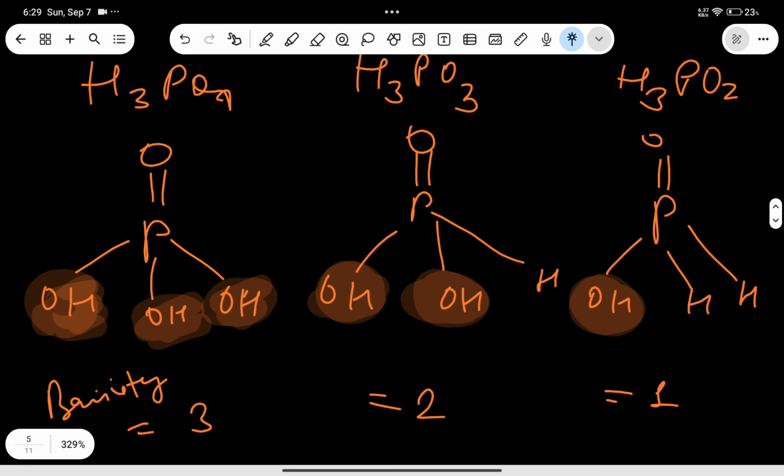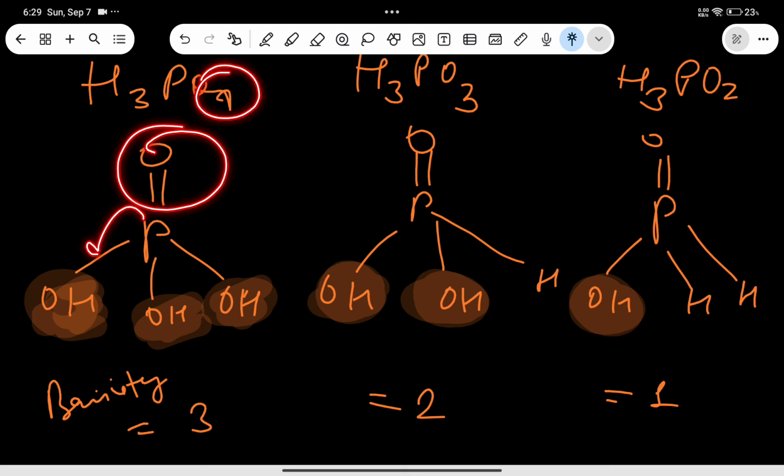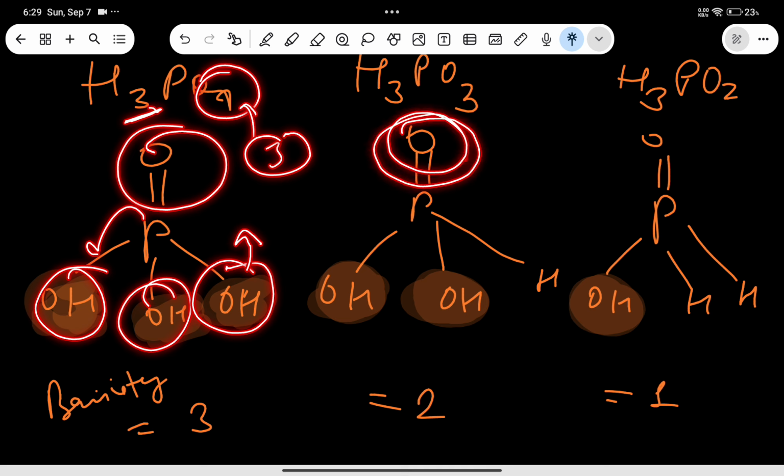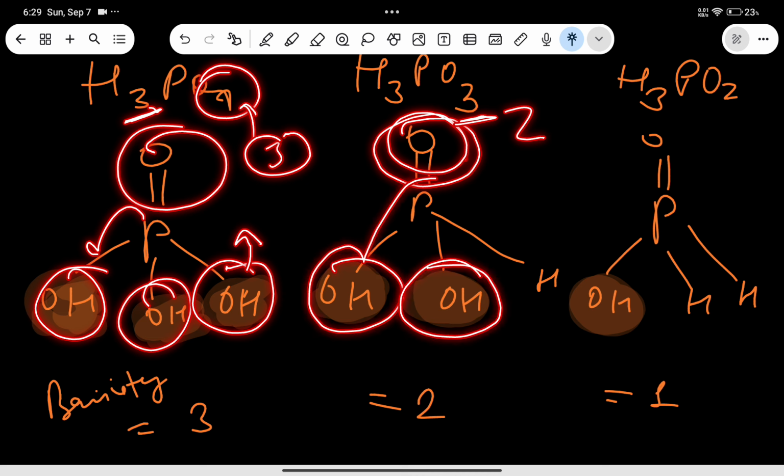But what is the trick to understand this? See, first of all, in the double bond, one oxygen would be engaged. One oxygen is engaged in this double bond, so 3 oxygens are left. The rest of the oxygens will be attached to hydrogen, right? Now in the next case, one oxygen would be engaged, the rest 2 oxygens are left, so those 2 oxygens would be attached to hydrogen, and one hydrogen will be left.